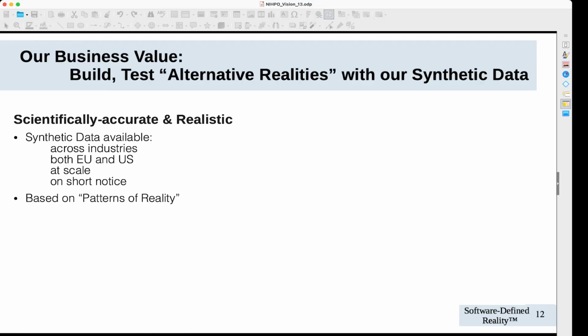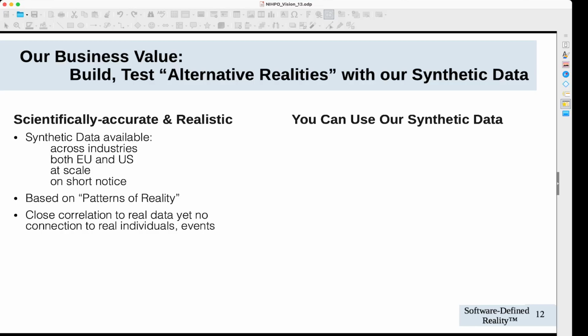And the key element here to keep in mind is that our synthetic data is based on those patterns of reality that we covered earlier. And there is a close correlation to the real data, yet there is no connection to real individuals or events. That's what we call realistic and scientifically accurate synthetic data.